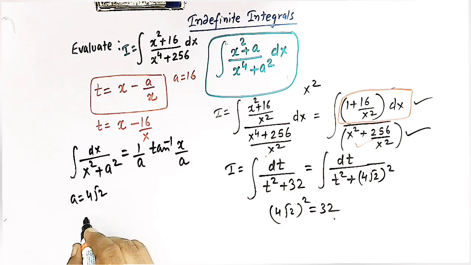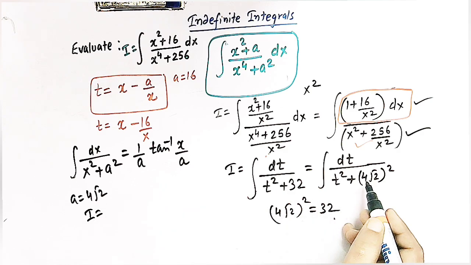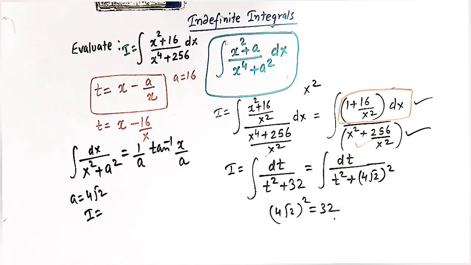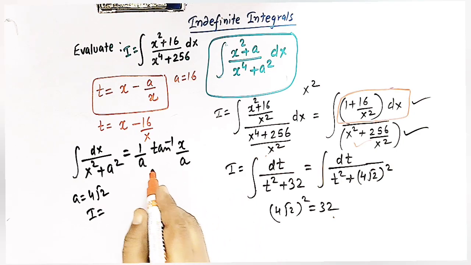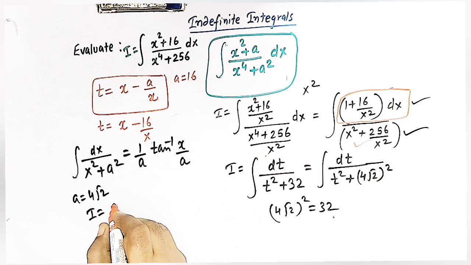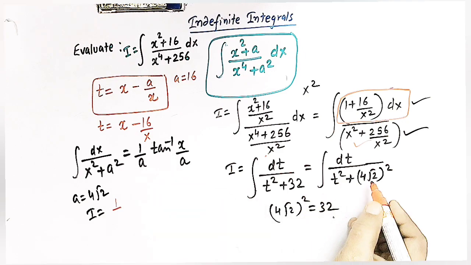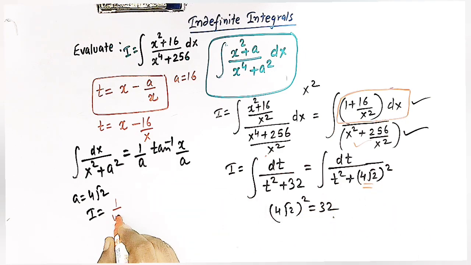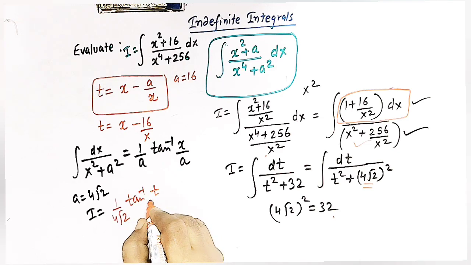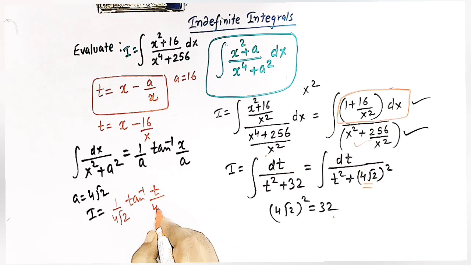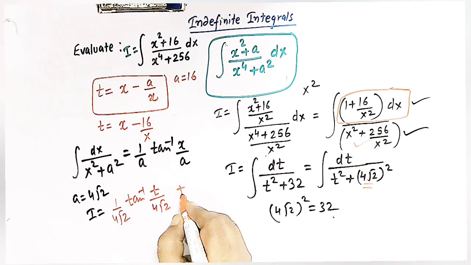So now the value of this integral I can be written with the help of this result. So we have 1 over a is 4 root 2. Then we have tan inverse t over a is 4 root 2, and c is the constant of integration, right?